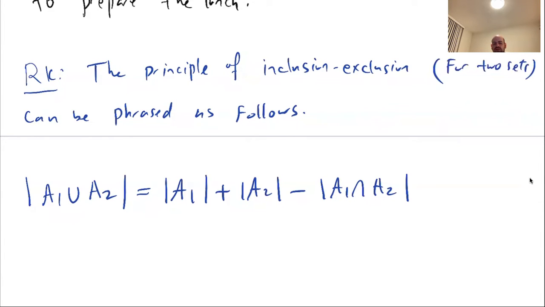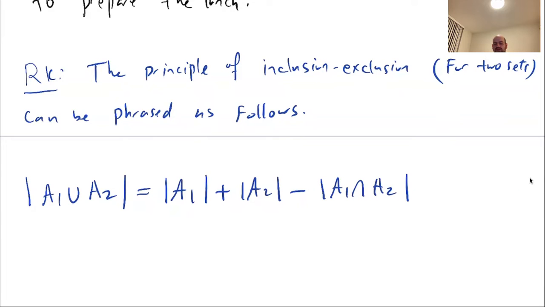But when you calculate that, the number of common elements has been counted twice, right? Because in A1 union A2, the common elements will appear only once, right? So in the left-hand side, we have to count every element only once. And definitely the common elements also we have to count once.